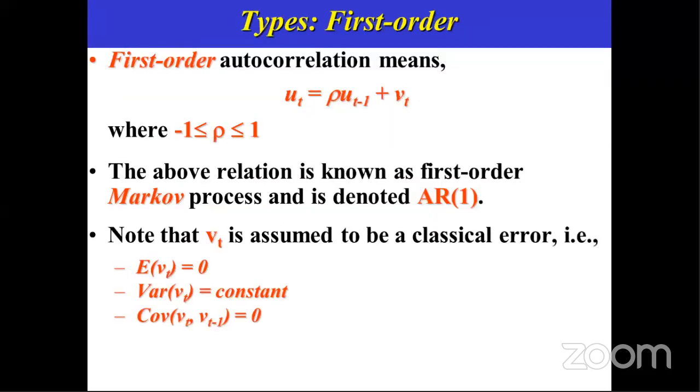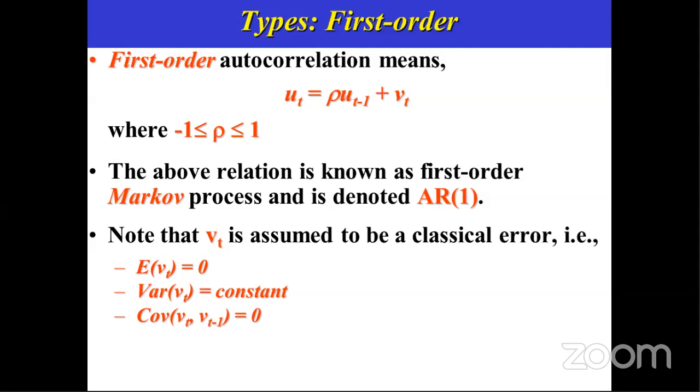The second type is related to the order of the autocorrelation. Based on the order of the autocorrelation, we have first order autocorrelation and higher order autocorrelation. Here order refers to the correlation between the successive values of the error term.